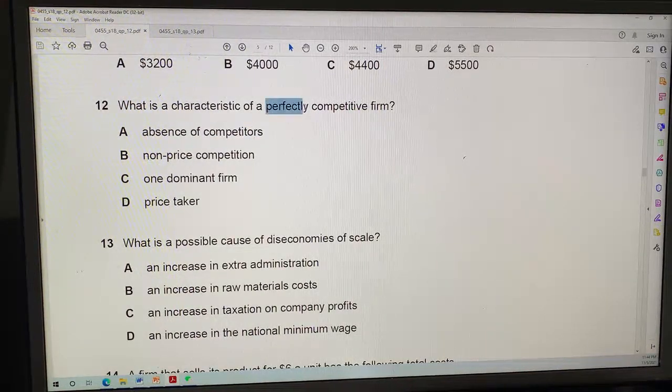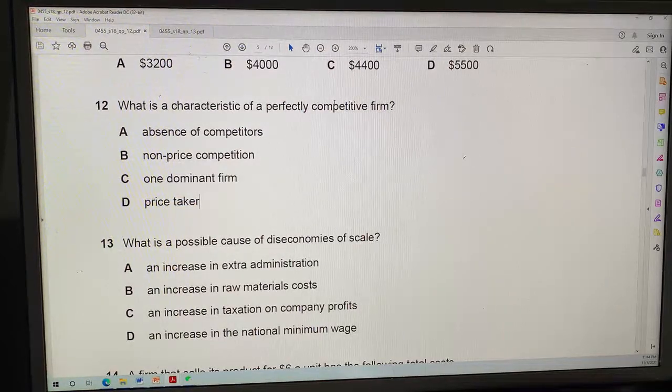In perfect competition, there's no non-price competition. And in perfect competition, there are many firms, but no dominant firm. And so it must be D.